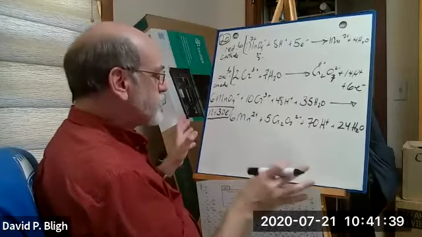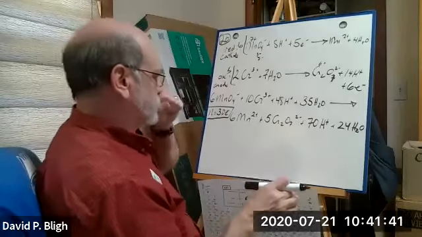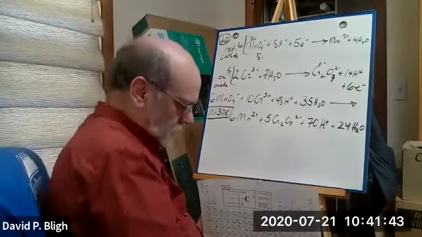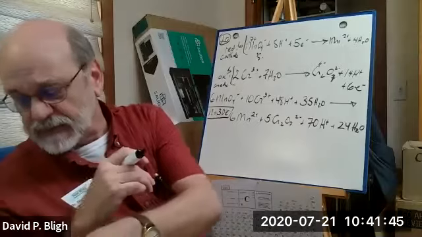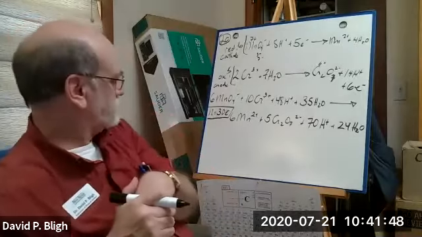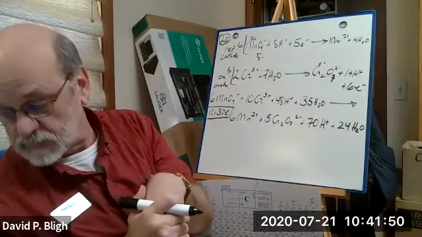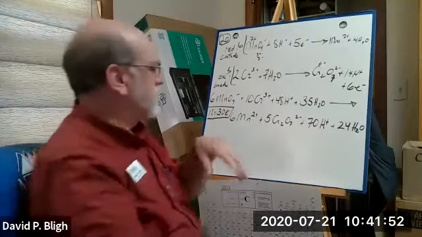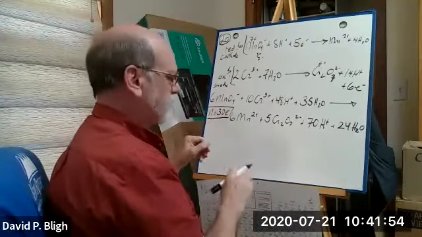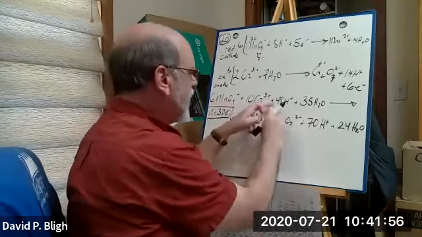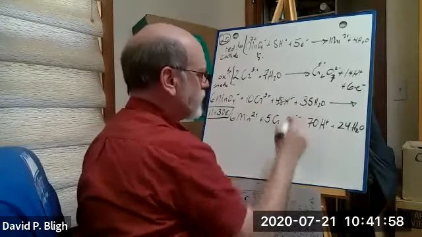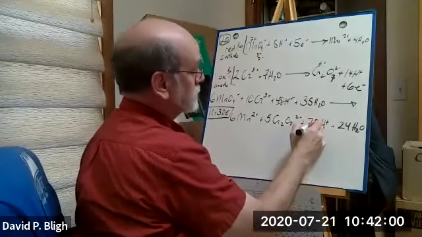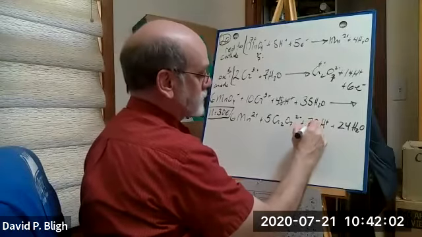Okay, can we reduce this any further? Well, let's see. Let's cancel some things first. Hydrogens: 48 of those are gone, and that leaves 22 here.